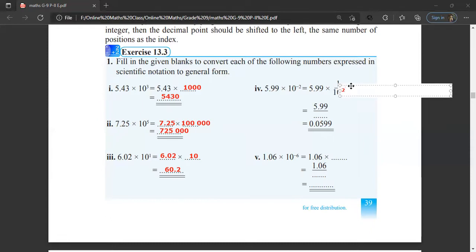So here 1 over 10 to the power plus 2, that means 100. That is equal to 100. That's only. Good. Next one.